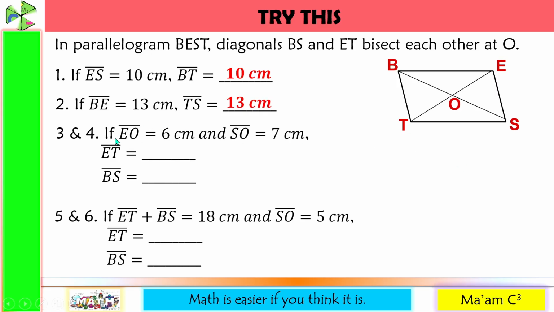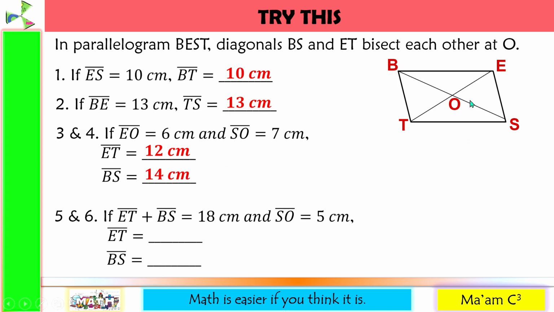Number 3 and 4, if line segment EO is 6 cm and line segment SO is 7 cm, then line segment ET will be, if EO is 6, then ET is 12 cm. If SO is 7, then BS is equal to 14 cm.